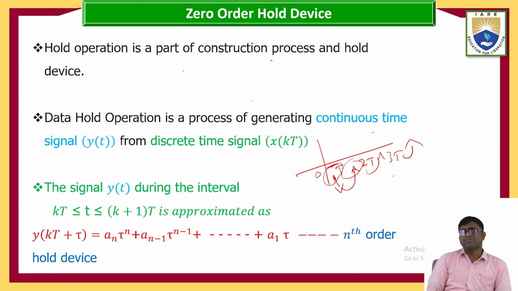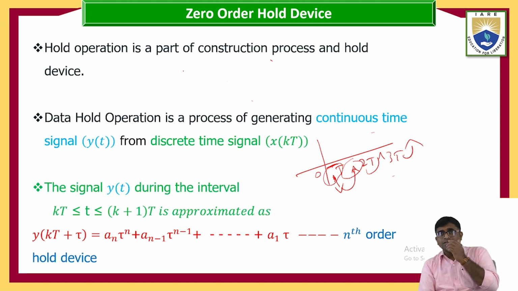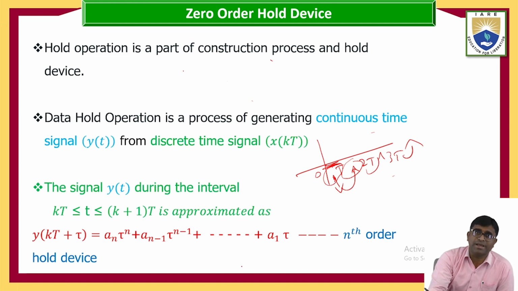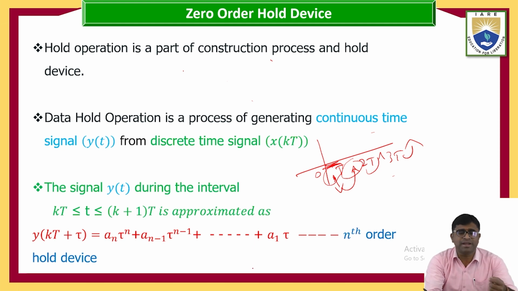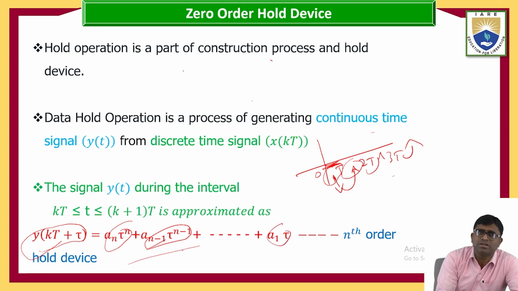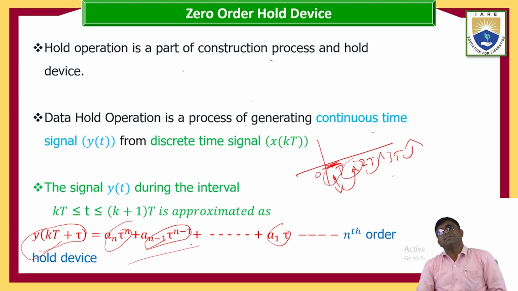In the hold operation, the final equation for discrete time systems is y of kT plus tau equal to a_n tau to the power of n plus a_(n minus 1) tau to the power of n minus 1, and so on up to a_0. This is the nth order hold device.